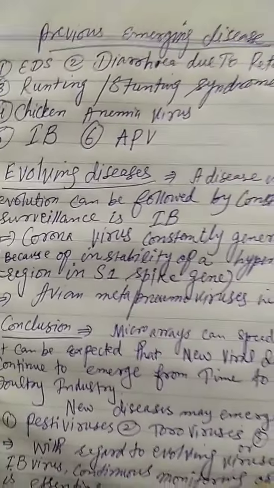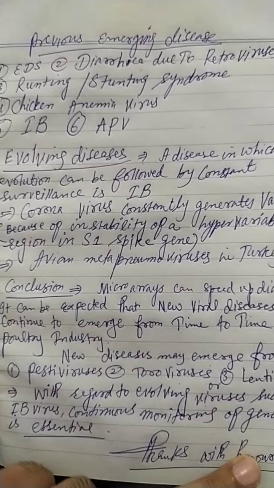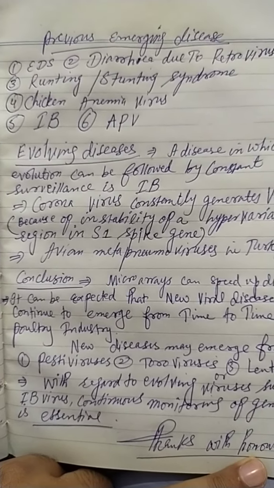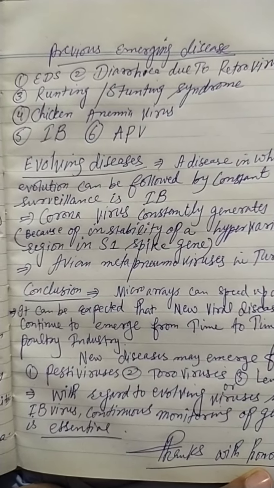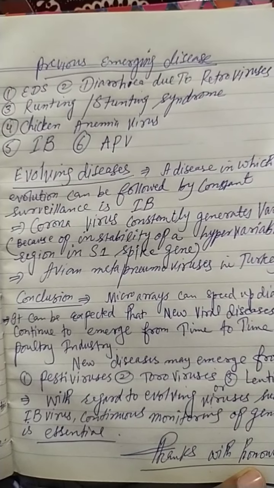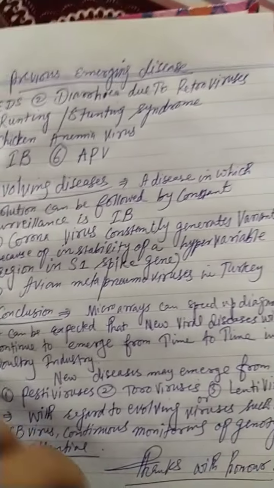And now come the previous emerging diseases. They were egg drop syndrome, diarrhea due to retroviruses, runting or stunting syndrome, chicken anemia virus, infectious bronchitis, avian pox virus. All these were previously included in emerging diseases.